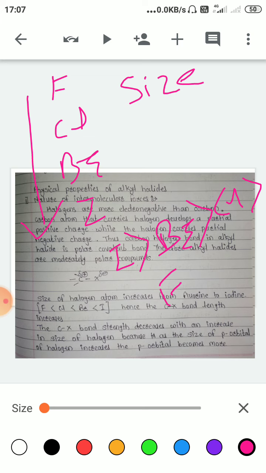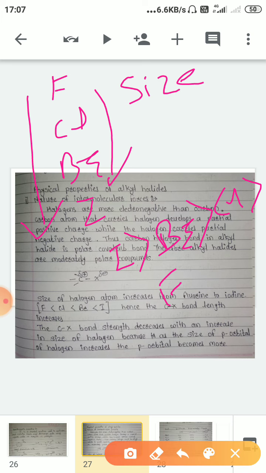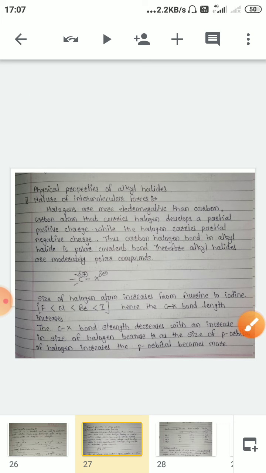As the size of the atom increases from fluorine to iodine, the bond length increases, that is, the bond length between carbon and halogen.